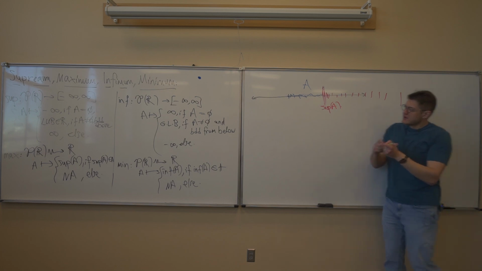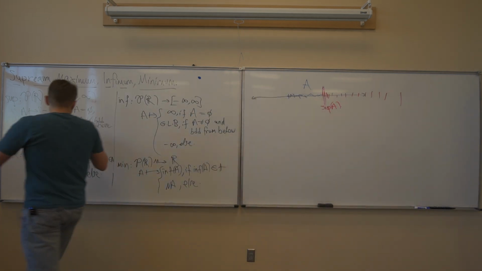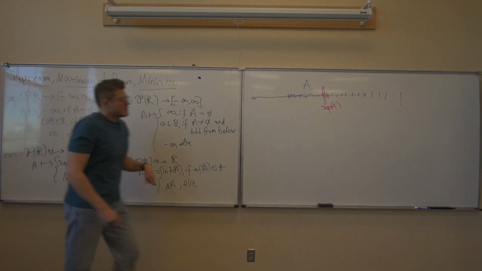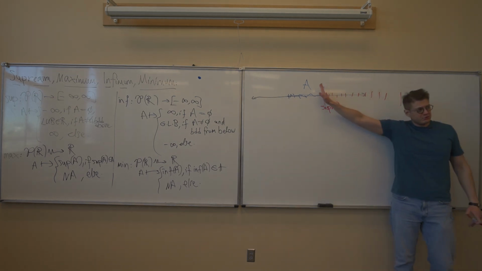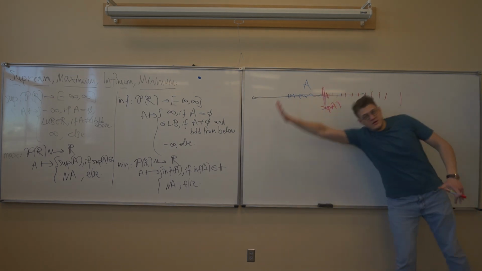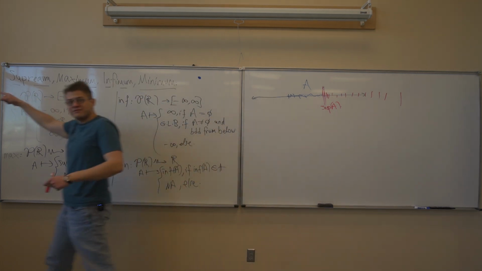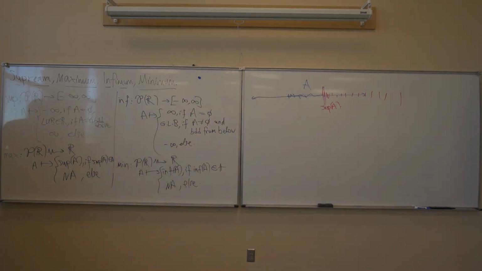And of course, I hope this also makes sense that if A is empty, then if I'm trying to upper bound it, I'm trying to push it and push it and push it, but there's nothing stopping me. So I just keep going to negative infinity. Okay, that's the idea. And then max is very similar.